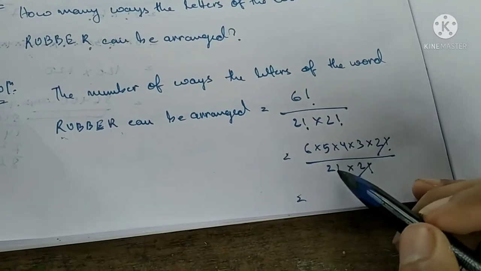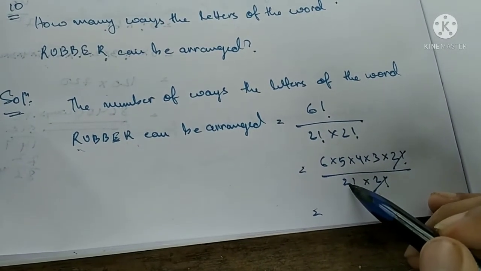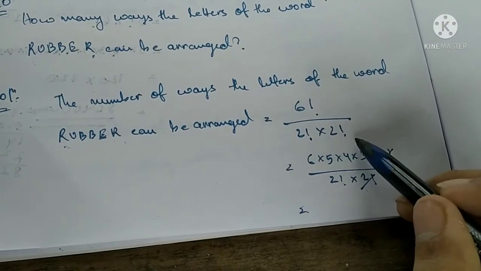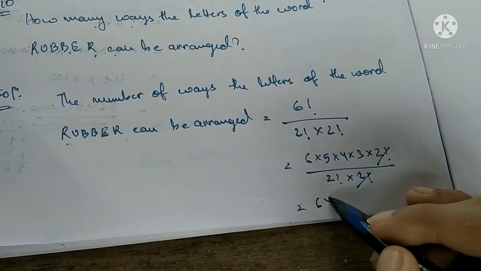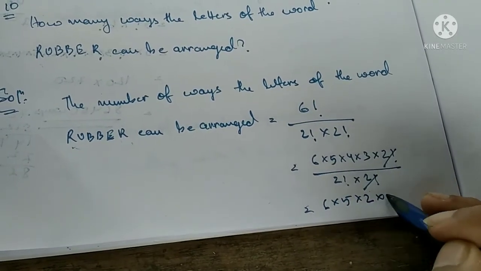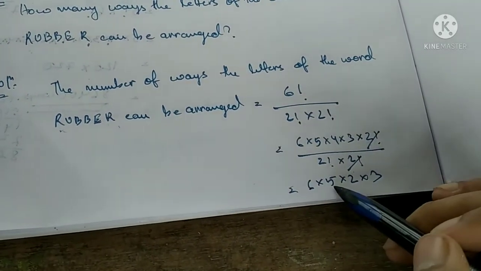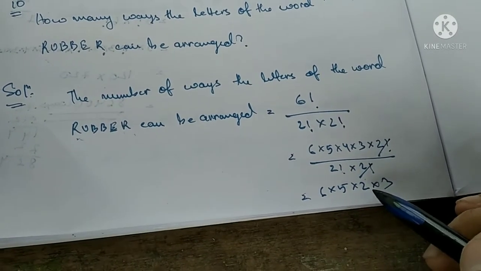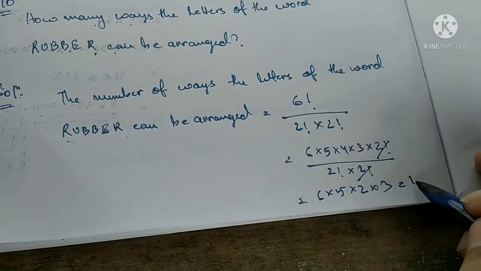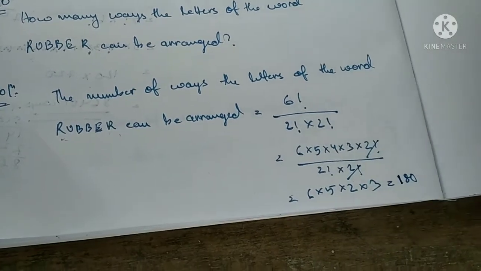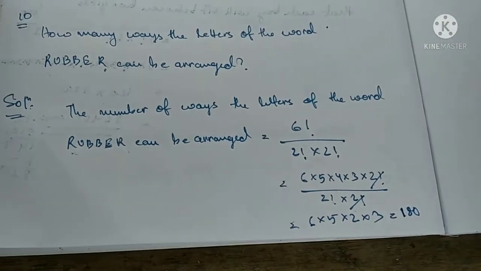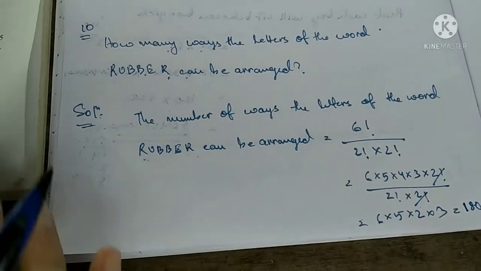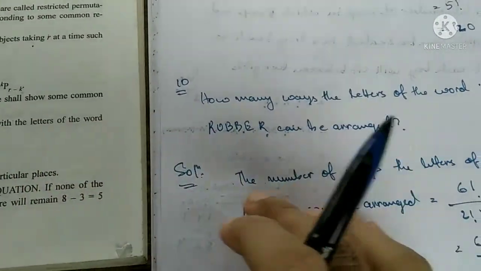Understand? So if I solve this, 2 2s are 4, 2 and 4 I can cut. So this will be ultimately 6 into 5 into 2 into 3. 5 6s are 30, 3 2s are 60, 6 3s are 180. So number of ways is how much? 180. Okay. Theorem 3 we will follow, remember.